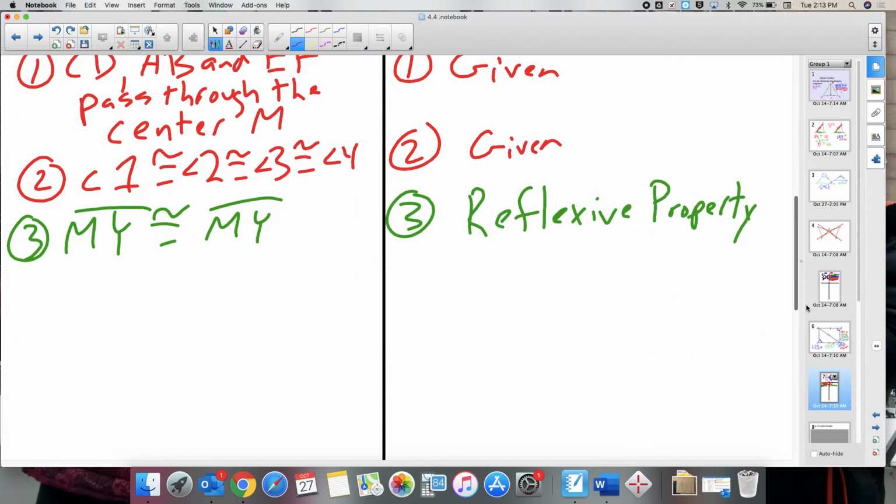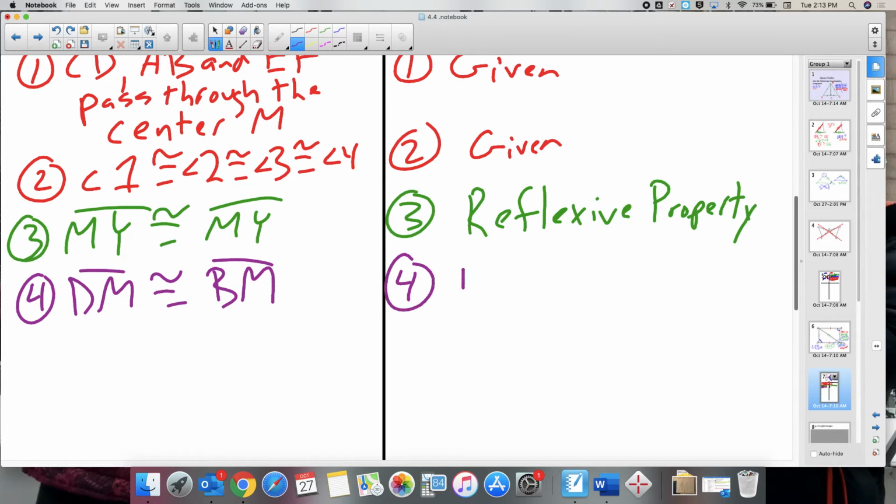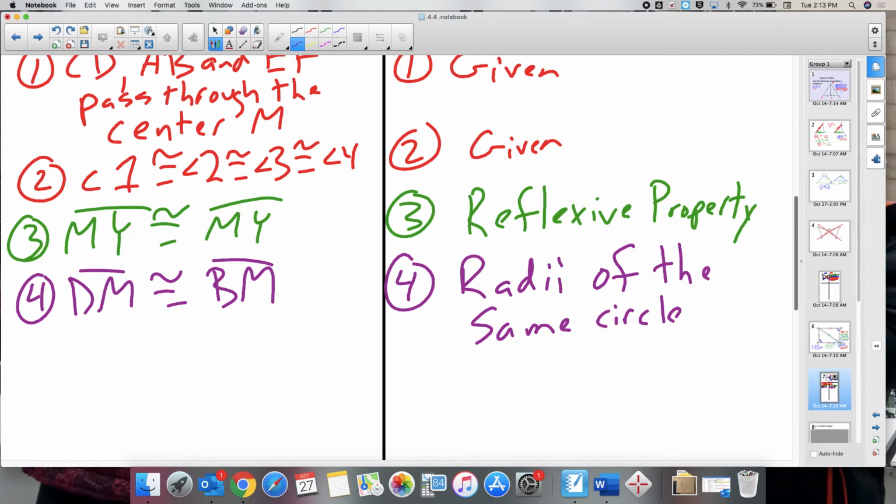So I am allowed to say that DM is congruent to BM. My reason: they are radii of the same circle, or definition of a radius, property of a radius. You just have to identify that those pieces are radii of that circle.